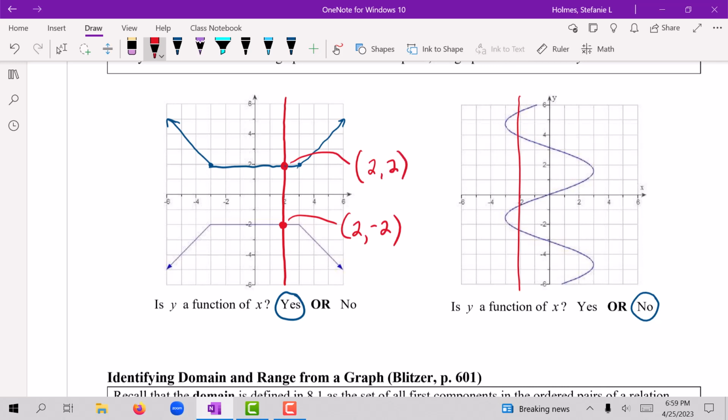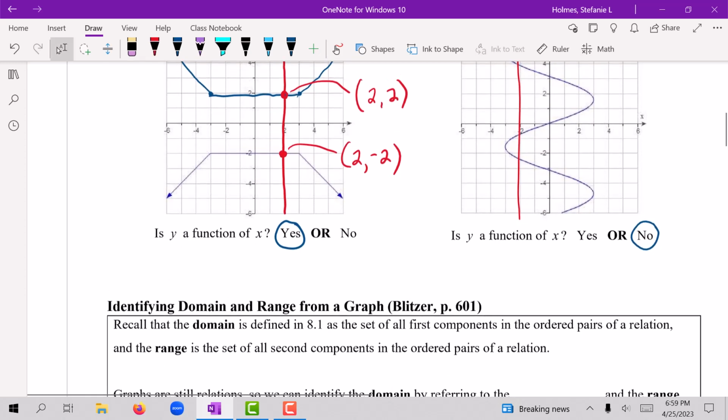Now, what's the problem with this? We said last time when we were talking about section 8.1 that each input can only have one output.